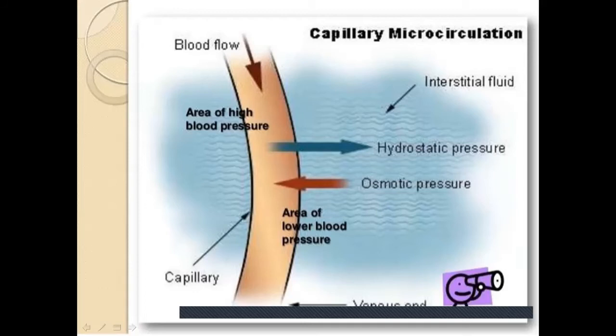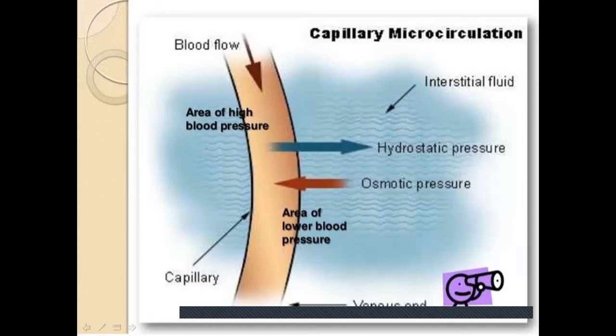So this hydrostatic pressure pushes out water and electrolytes, but the plasma proteins are maintained on the inside, and it's the plasma proteins that exert some osmotic pressure and pull the interstitial fluid back into the capillary system.